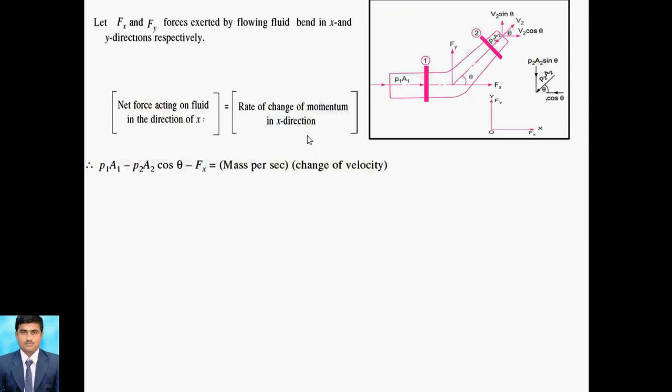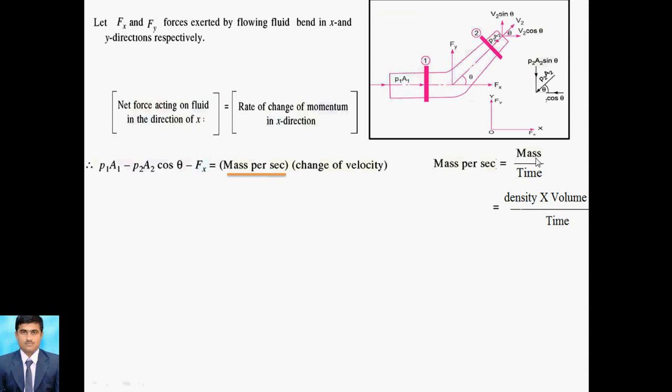How do we find mass per second? Mass per second means mass upon time. In terms of density, I can write density into volume, because density is equal to mass upon volume, that means mass is equal to density into volume.